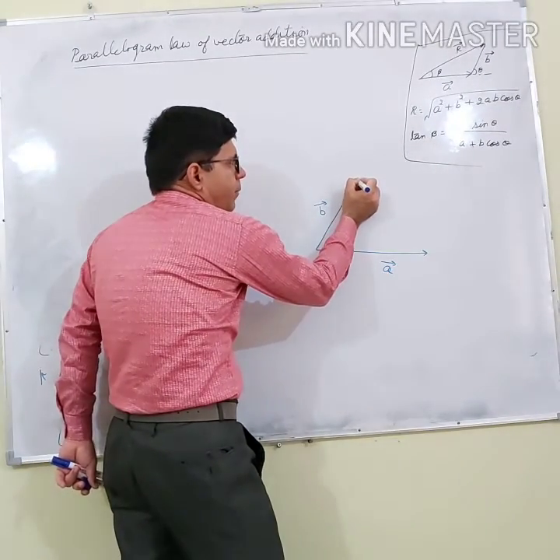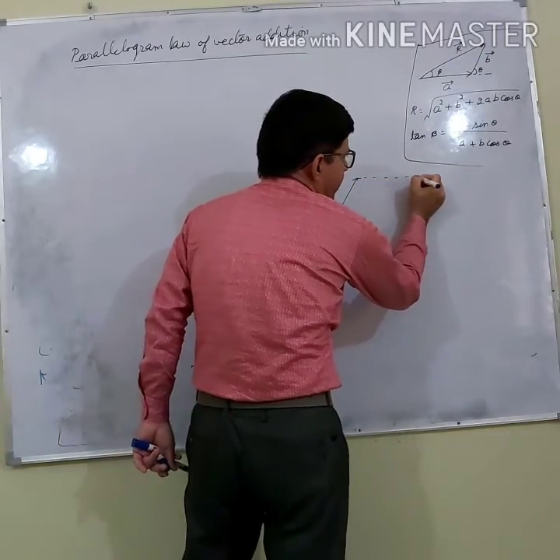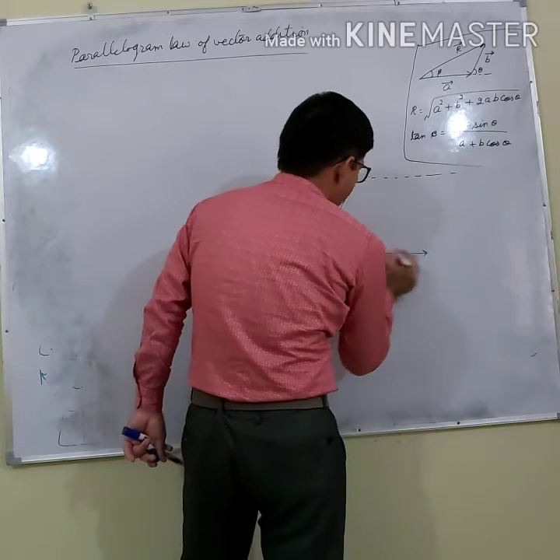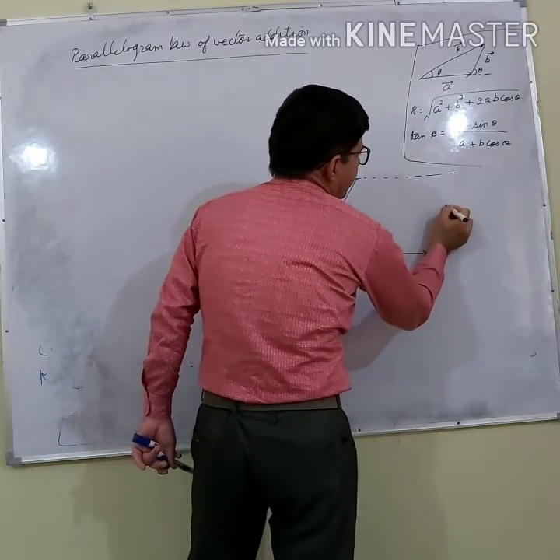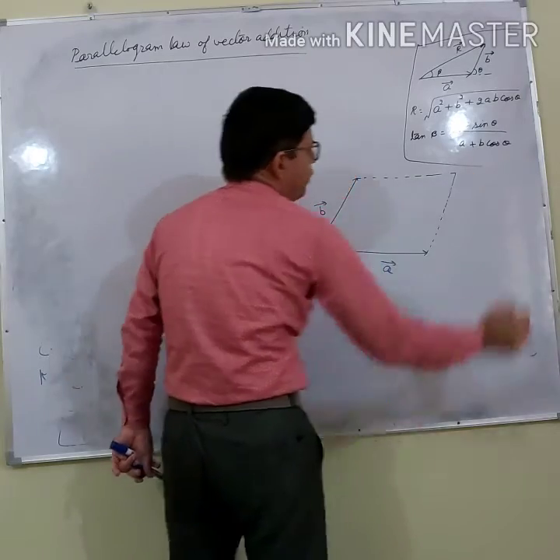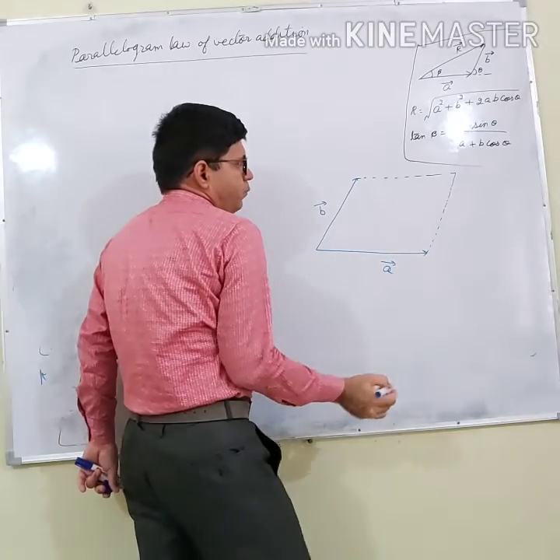Where is the parallelogram? So let's draw it. Draw a line parallel to vector A and a line parallel to vector B. So let us say this is the line parallel to vector B. So this is the parallelogram.